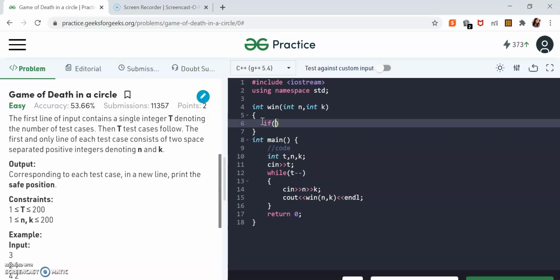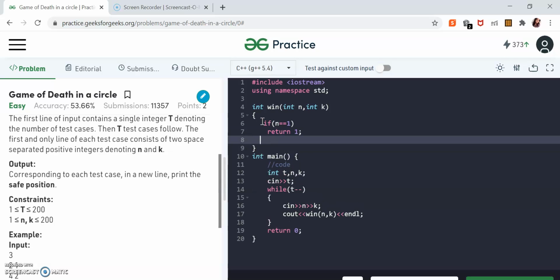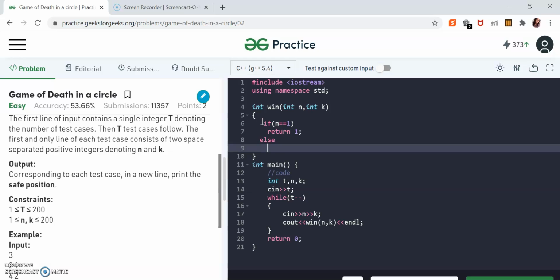Our base condition will be if n equal to 1, we will simply return 1, right? Else we will return when of n minus 1 comma k, because remember our k wasn't changing, plus, because this will return the node as if it is the first node, we have to see the position.